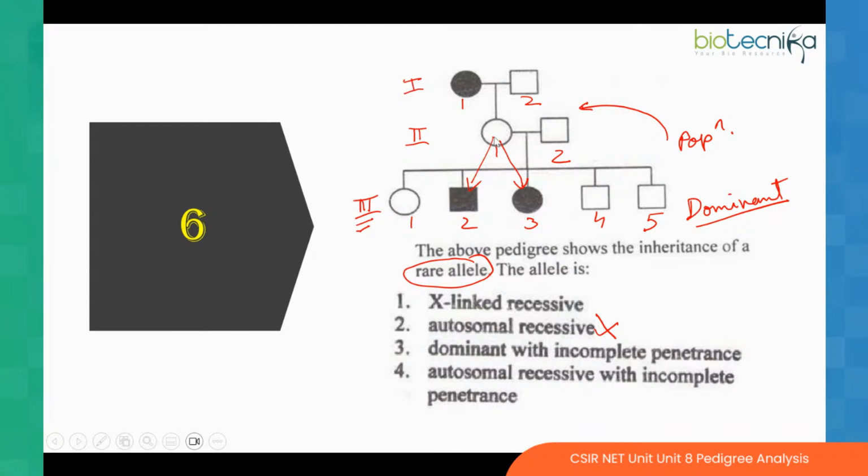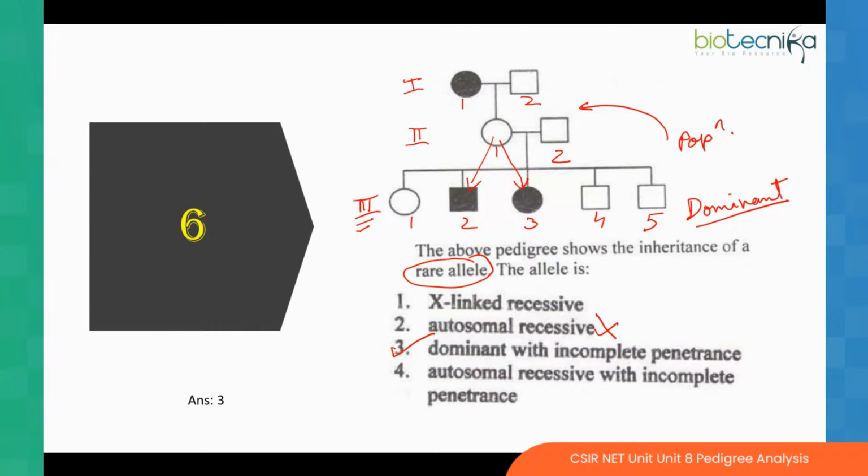If she is passing the allele to her children, it means 2-1 also has the allele. But still 2-1 is not showing the phenotype. The reason is that it is not 100% penetrant. So dominant with incomplete penetrance will be the answer for this question.